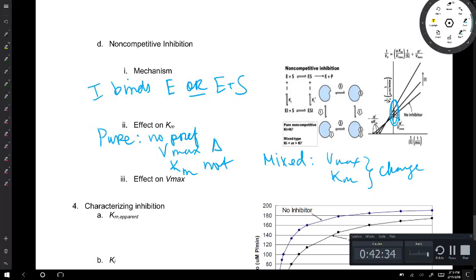But the lines are going to intersect either somewhere between the y and the x-axis, and that's if it's mixed. Or they have the possibility to intersect actually on the x-axis, and in that case, that would be pure.